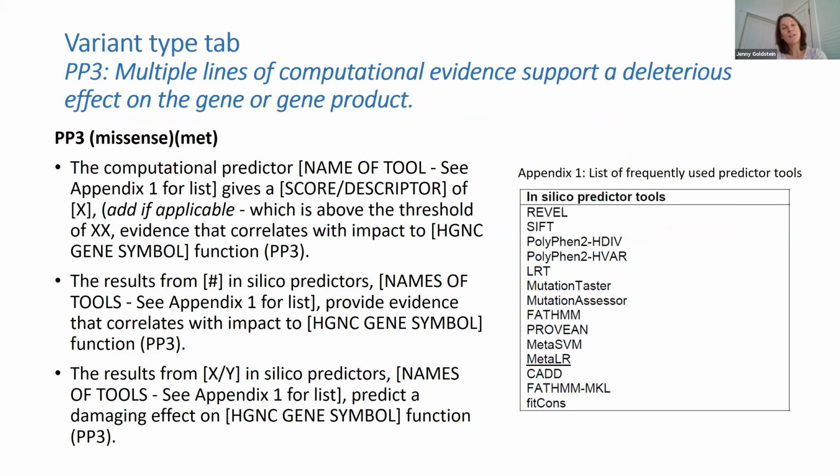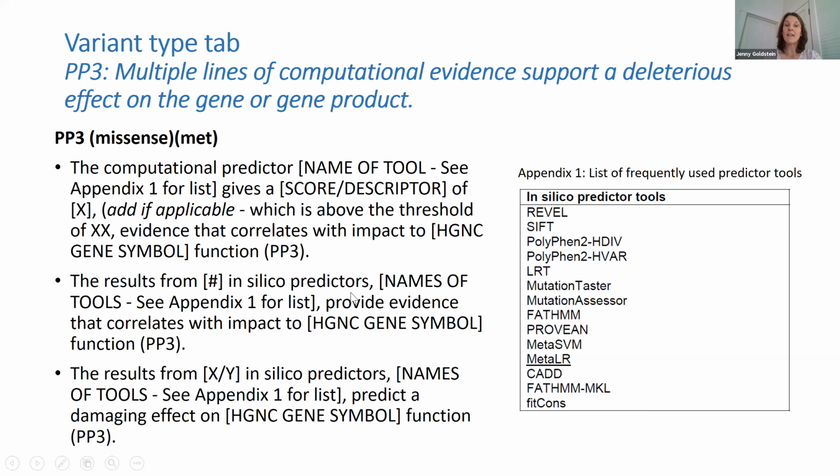So we noticed for some codes that different VSEPs would have different approaches to how to use a particular code. And we tried to take that into account as well when we were creating the standardized text. An example of this might be PP3 for missense changes, for in silico evidence. Some VSEPs are using a single tool for PP3, some are using multiple in silico predictors, and some are requiring that a certain number out of a total number of in silico predictors all match.